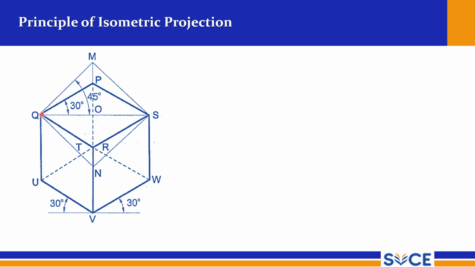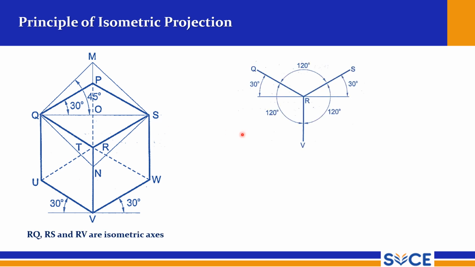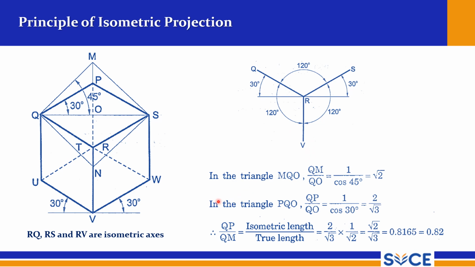Now this is the isometric line, and this is the actual line. Two identical triangles are formed here. In triangle MQO, QM by QO equals 1 by cos 45, which is root 2.